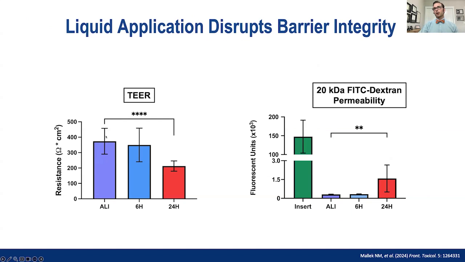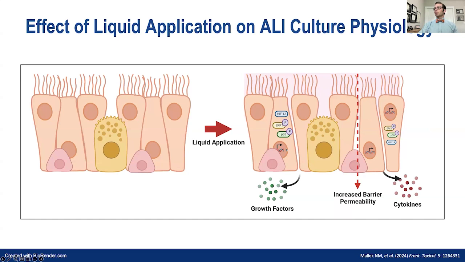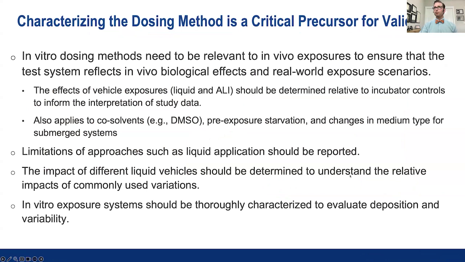And this was supported by our observation that these submerged cultures start having a lower barrier integrity that leads to increased permeability. So again, you're pushing the cells away from a typical epithelial phenotype into something else, typically squamous cells. And here's just a graphical representation. We've got a bunch of pathways that get activated. We're secreting growth factors and cytokines and breaking down our barrier integrity just by the dosing method alone.